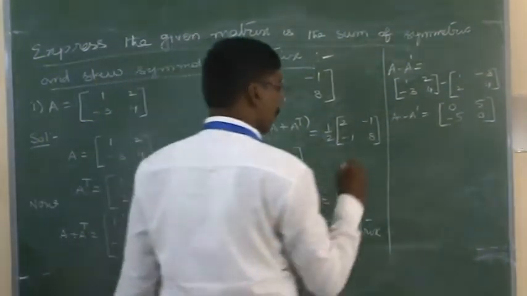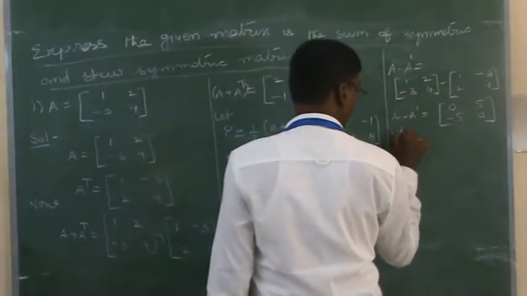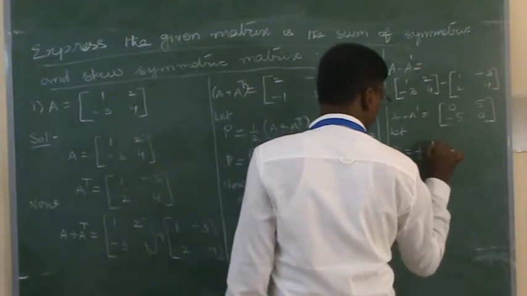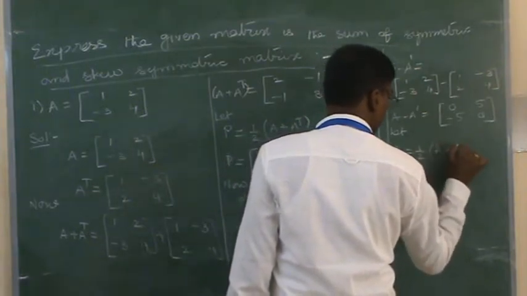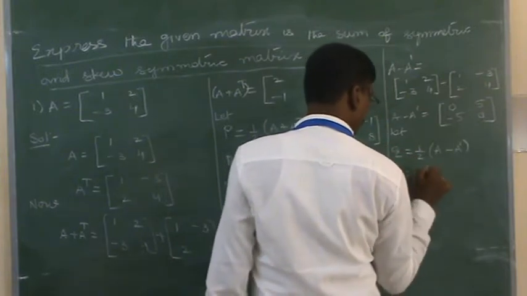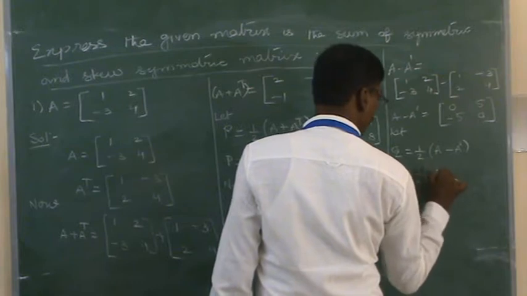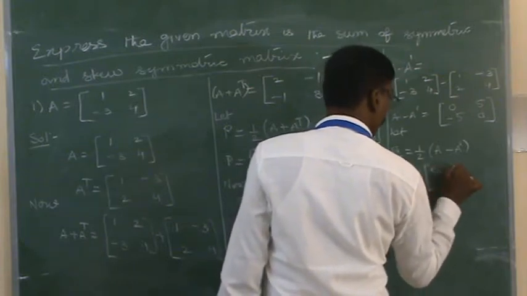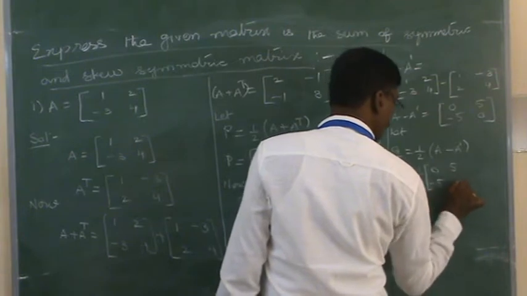Then let capital letter Q be 1 by 2 times of A minus transpose of A. We need to calculate. The value can be written as 1 by 2 times of 0, 5, minus 5, 0.